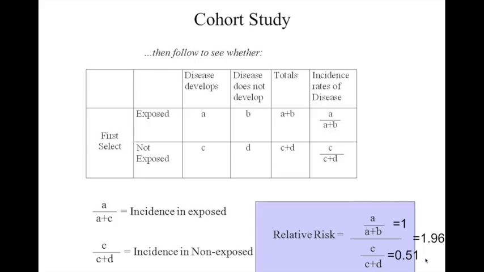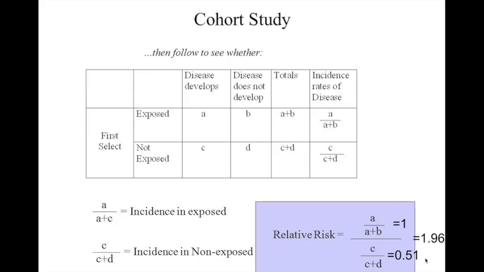Suppose that's the absolute risk. So we're dealing with a high prevalence or high incidence disease. So that would mean that in the non-exposed group, the disease prevalence or the incidence, the ratio of people with the disease to the total number of people, would be 51%.